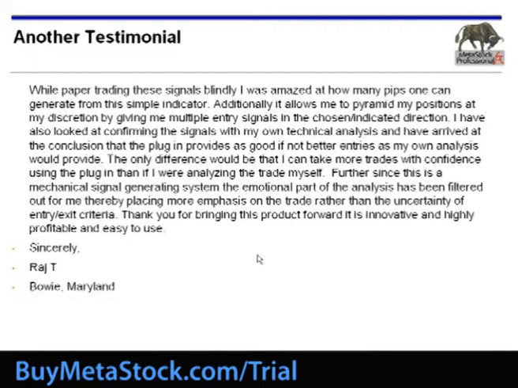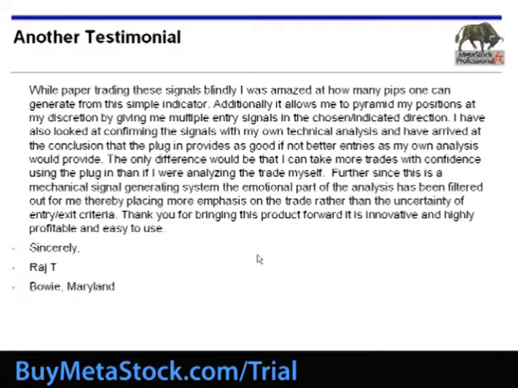Raj in Maryland writes in and says, while paper trading these signals blindly, I was amazed at how many pips one can generate from this simple indicator. Additionally, it allows me to pyramid my positions at my discretion by giving me multiple entry signals in the chosen indicated direction. I've also looked at confirming the signals with my own technical analysis and have arrived at the conclusion that the plugin provides as good, if not better, entries as my own analysis would provide.